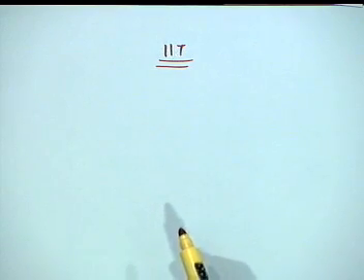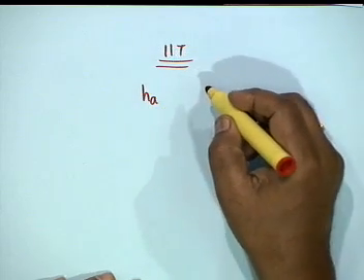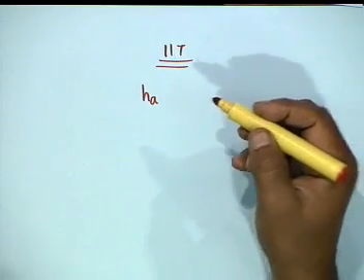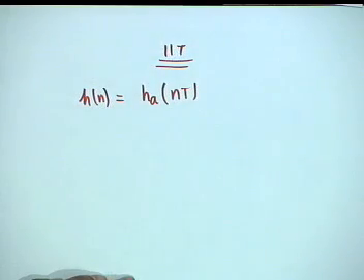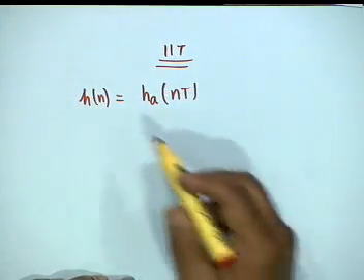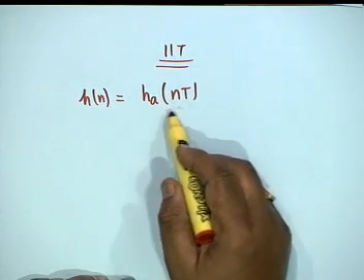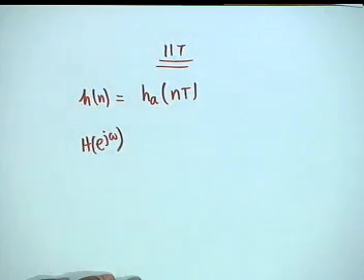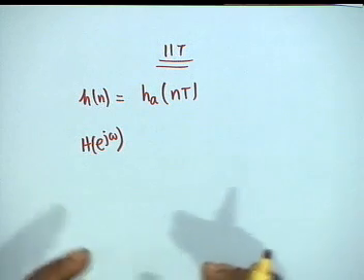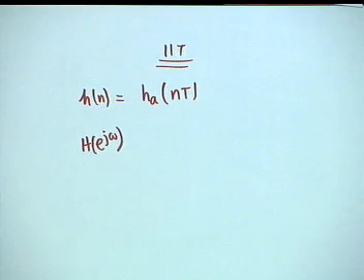But in the impulse invariant transformation, since h_a of nT is equal to h of n, all right, how did we obtain h of n? We sampled the impulse response of the analog filter. Therefore, the frequency response of the digital filter shall be simply the summation of the frequency responses of the analog filter, shifted by the sampling frequency.